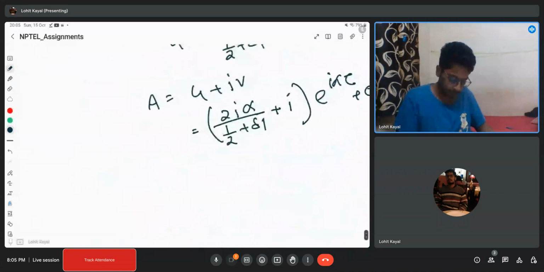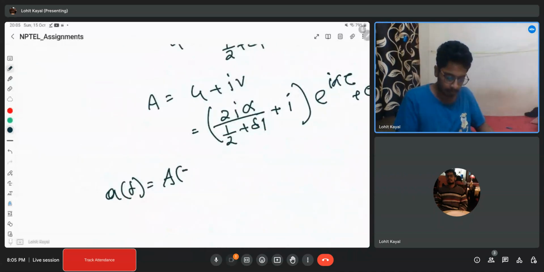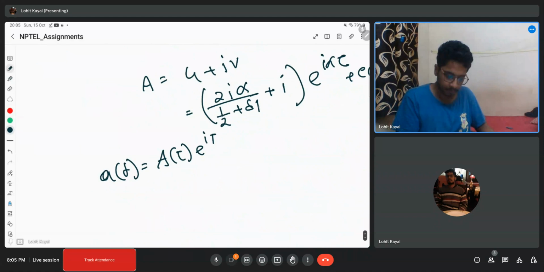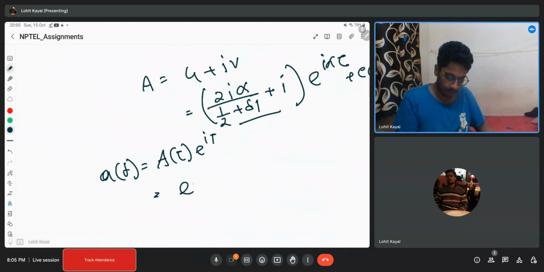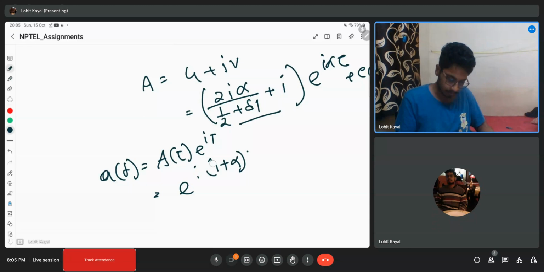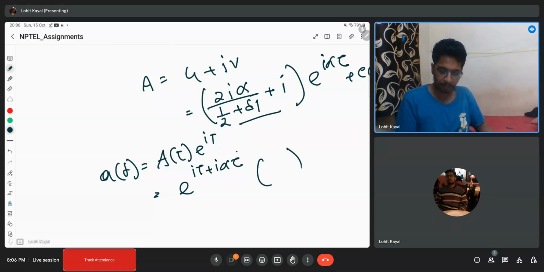So small a of t will be a of tau into e to the power i t. So finally I will get e to the power i t plus i alpha tau, multiplied by something, plus c.c.